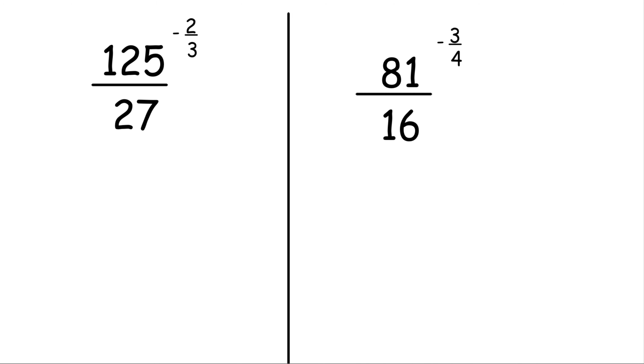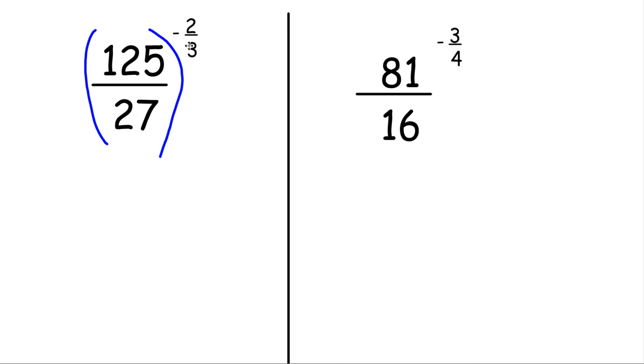Okay, so the next two questions are now looking at what happens if we have fractions here. So this entire fraction has been powered by -2 over 3. So just to be clear, the whole fraction is being powered by -2 over 3. So what I'm going to do first is get rid of this negative.